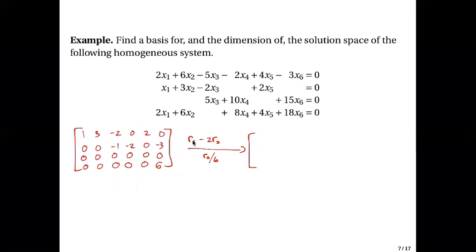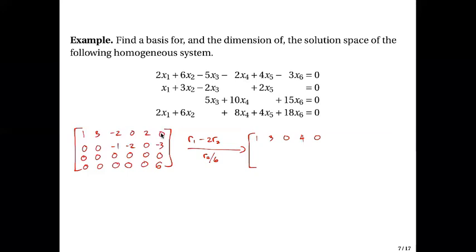So row 1 minus 2 row 2: 1 minus 0, that's still 1. 3 minus 0, that's still 3. And then -2 minus 2 times -1, so that becomes -2 plus 2, which is 0. And then 0 minus 2 times -2, that becomes 4. Correct? 0 plus 4, so this is 4. 2 minus 0, that's still 2.